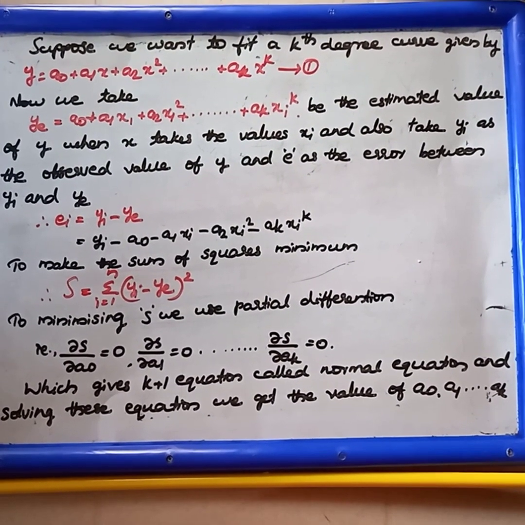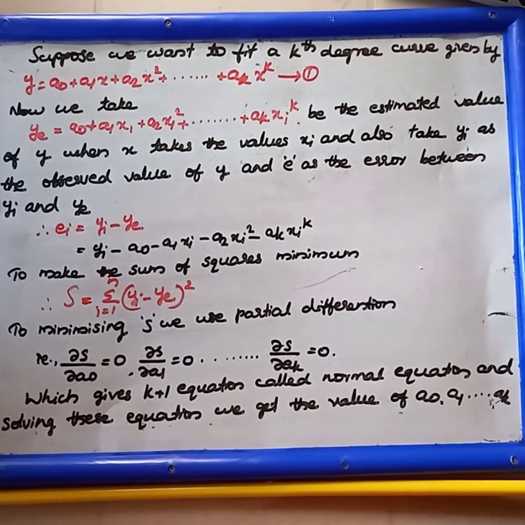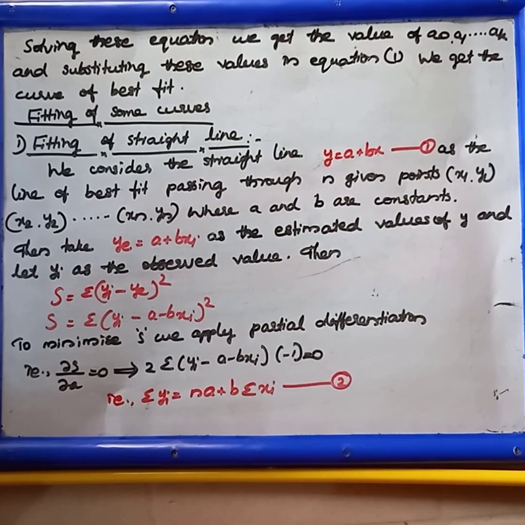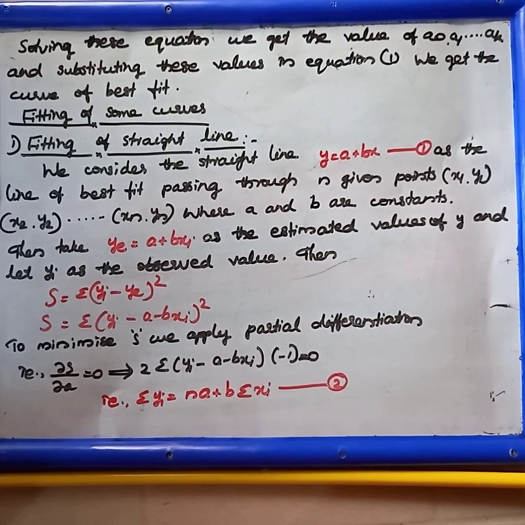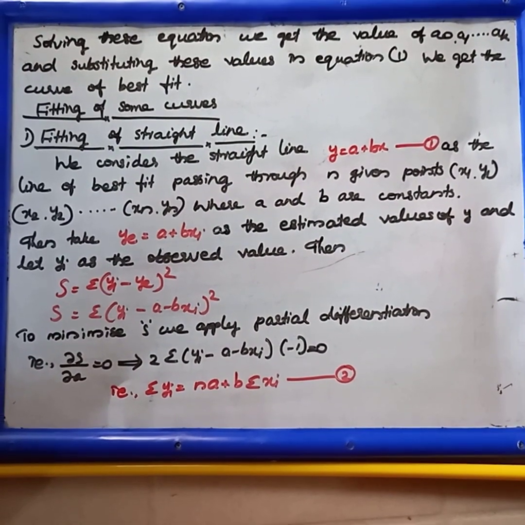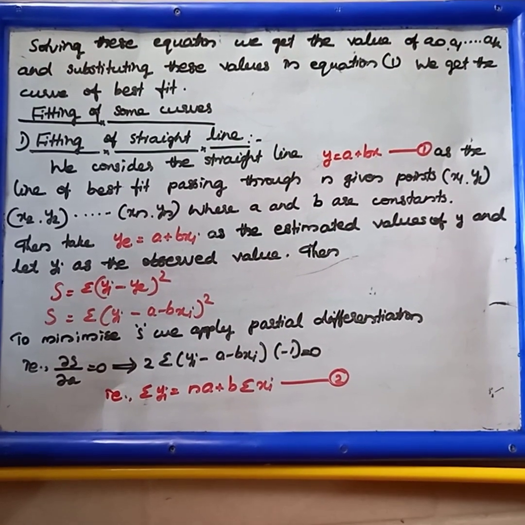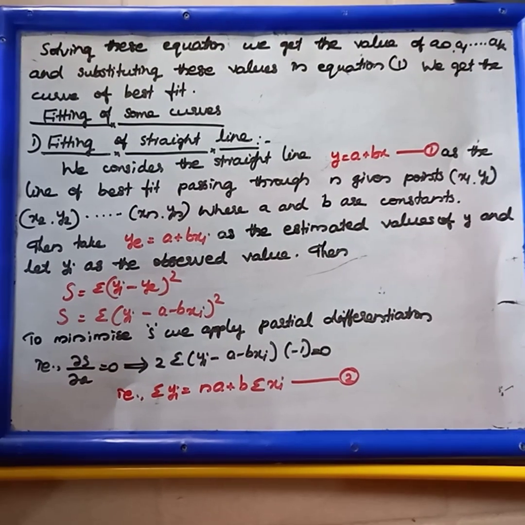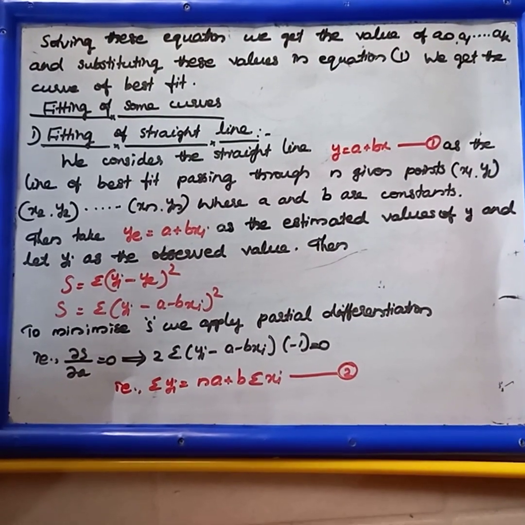Solving these equations we get the values of a0, a1, etc., ak, and substituting these values in equation 1 we get the graph of best fitting.